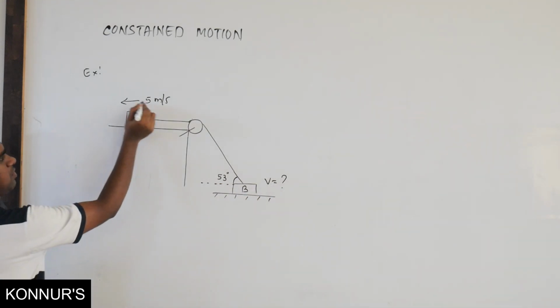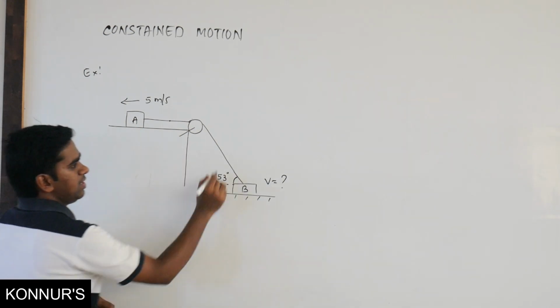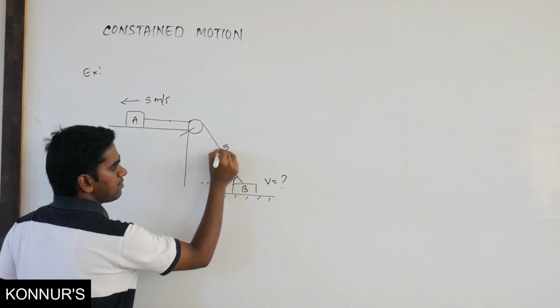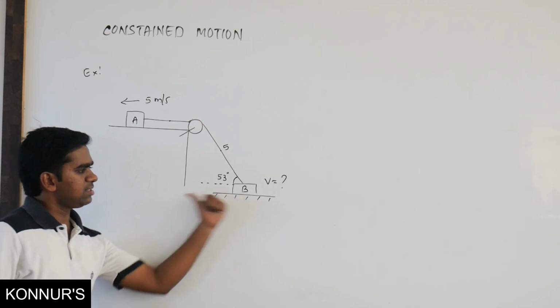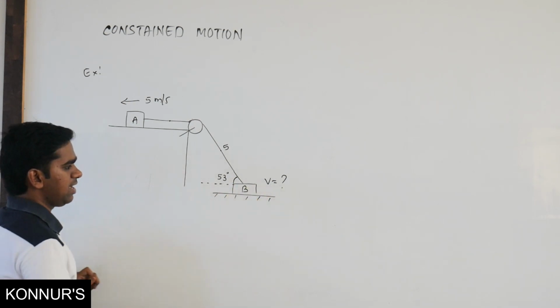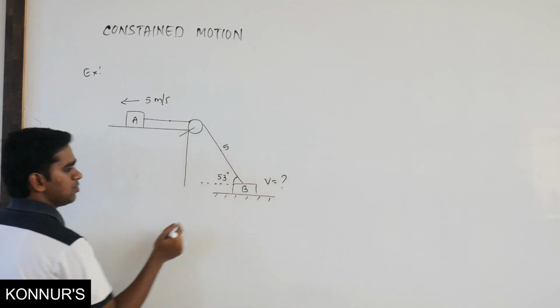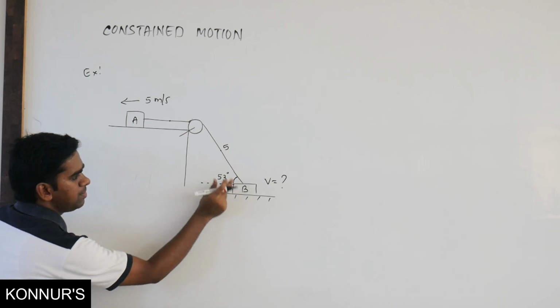Now A is moving with velocity 5, which means the point here is also moving with velocity 5. Here also it is moving with velocity 5 only. But in this direction its velocity is different and we want that Vb. So can I write the component of the velocity of B in this direction?